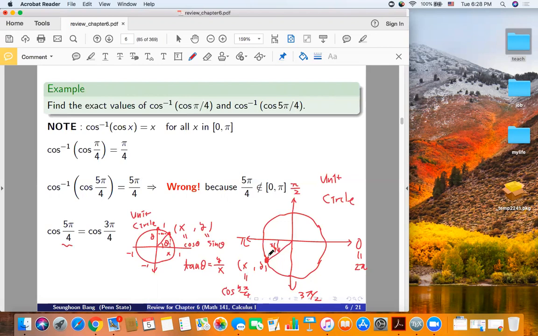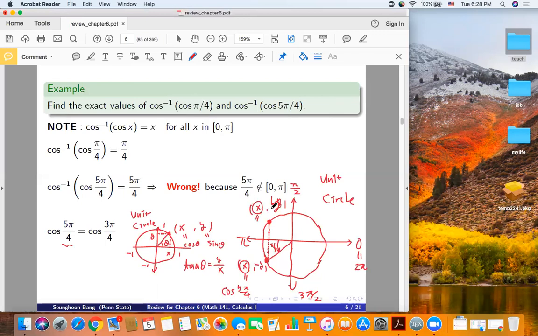So you have to reflect this point about the y-axis. What happened to this one? The x value doesn't change, the y value changes. I can write that this is minus y, this is a positive y. This x value doesn't change.